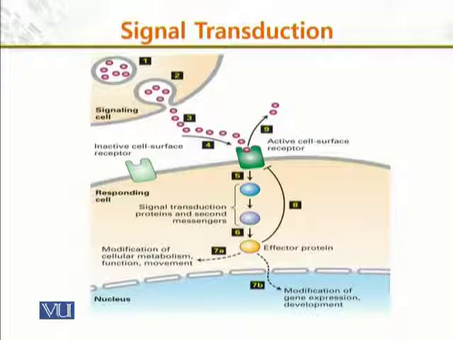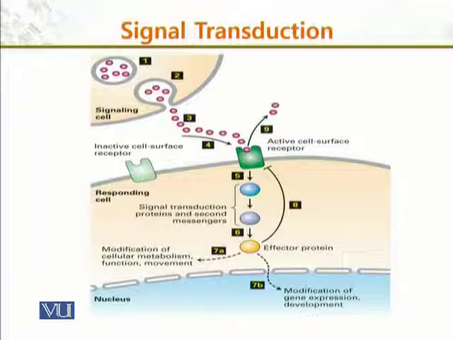Just like this, you can see that there is a signaling cell on the top, and it sends the signals. The molecules go to the small active molecules, and go inside the cell, then there is ATP and ADP, and it goes to the effector protein, which is the yellow molecule.